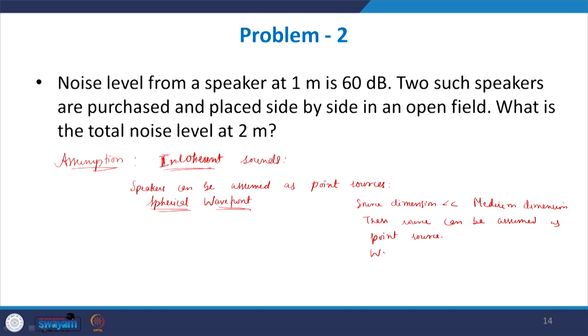Therefore, the wavefront will be spherical.